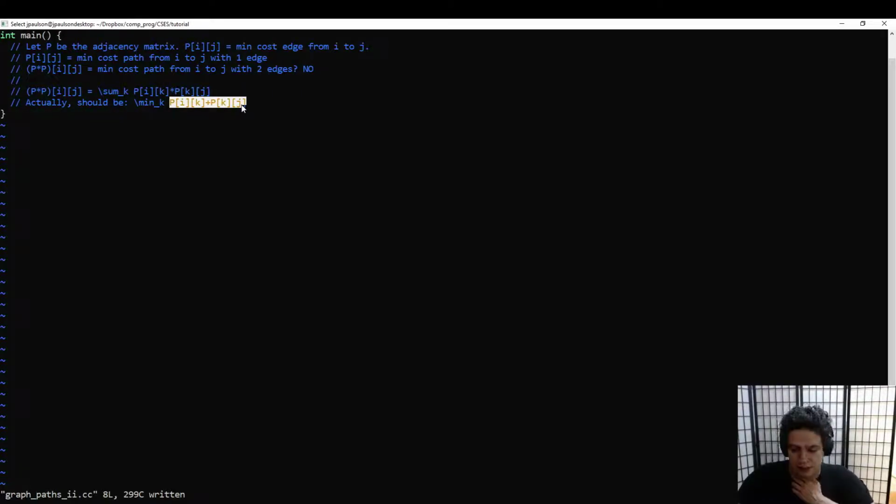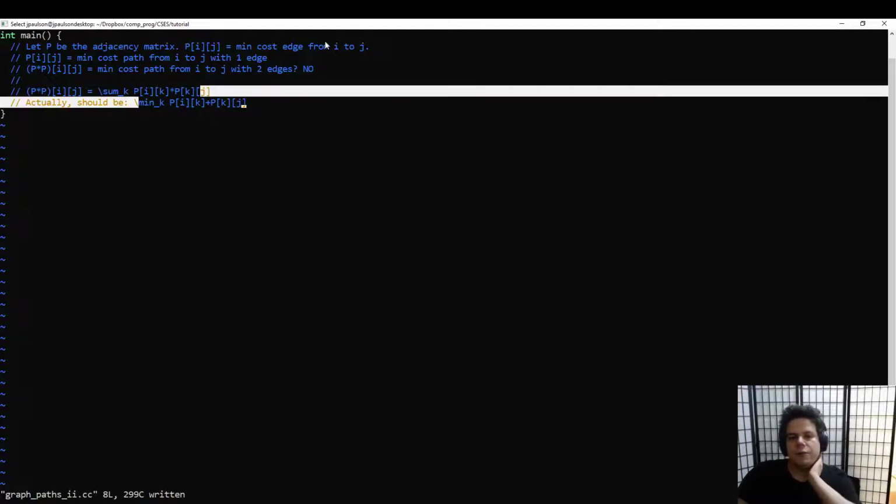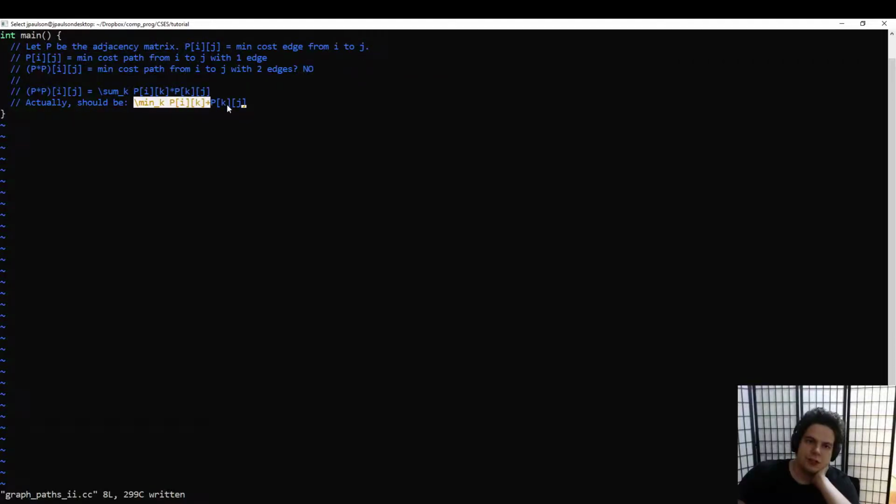So the length of a concatenation of paths is just the sum of the lengths of the two paths. The length of the path from i to j through k is just i to k plus k to j. And we want the minimum cost path, so we should just take the minimum over all of those possible paths. So brute force over the middle vertex and take the minimum. This would be a correct formula, but matrix multiplication does this, which is wrong.